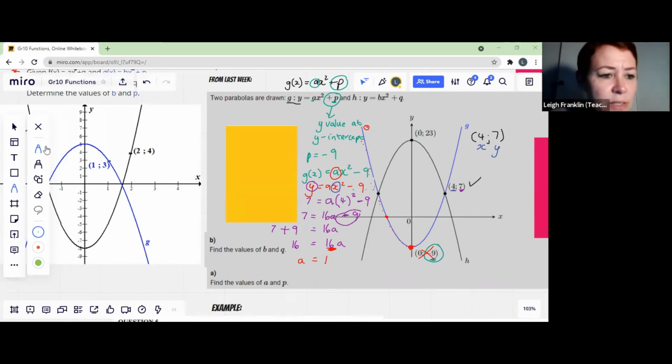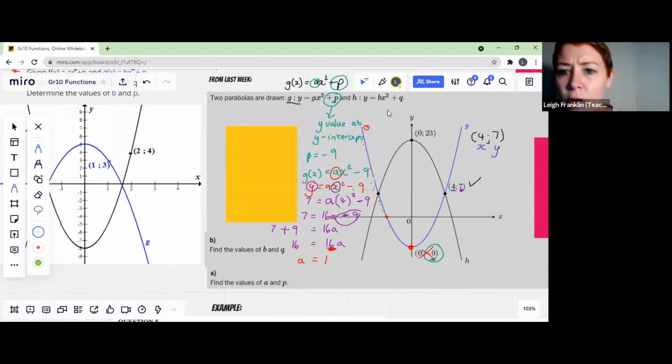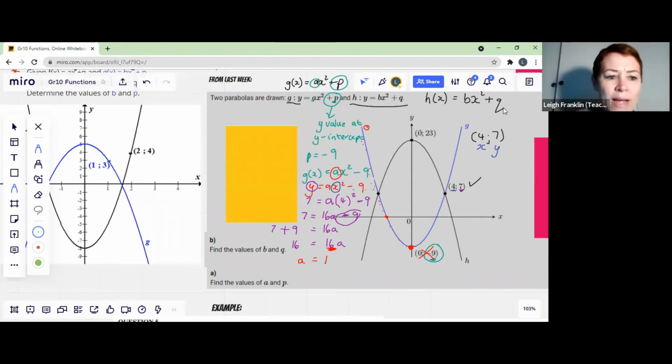So in this one over here, h of x, the black graph, is equal to bx squared plus q. What I'm going to do is explain why it's negative 2 to Inhlafatso, and then I'm going to come back to the pink one.